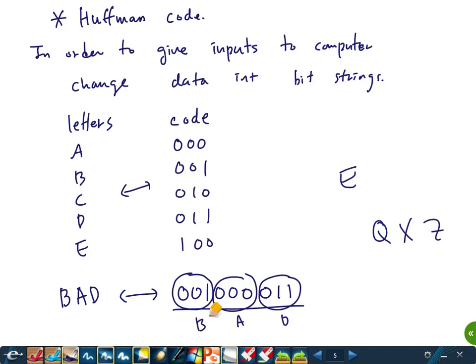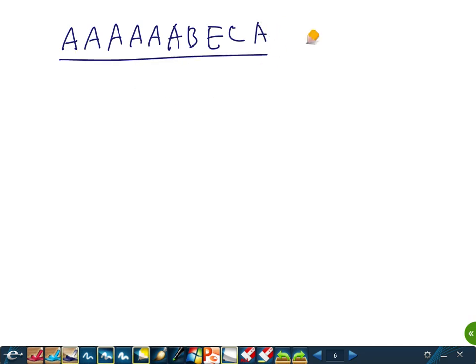So for instance, suppose that I'm just giving you A, A, A, B, E, A, D, C, A. Suppose that I'm just writing a random sequence of letters, and we have to encode this.